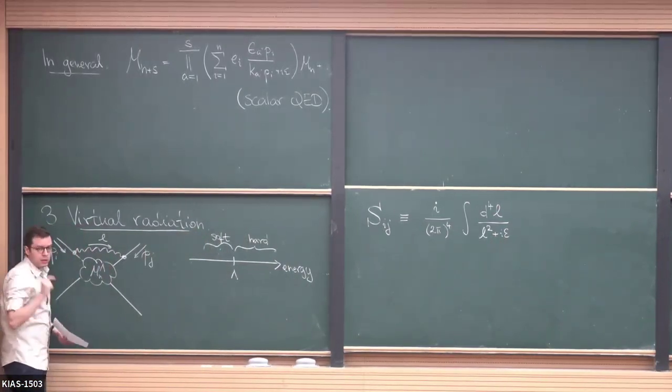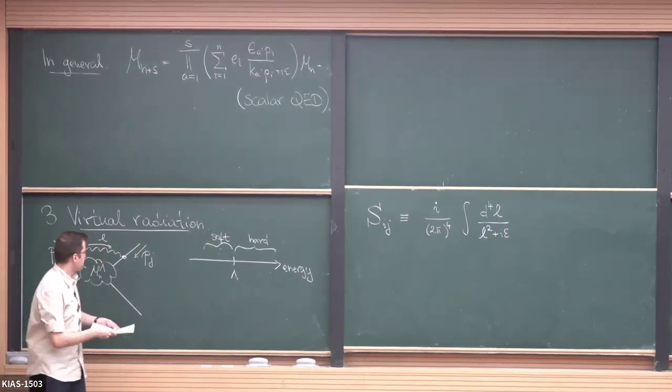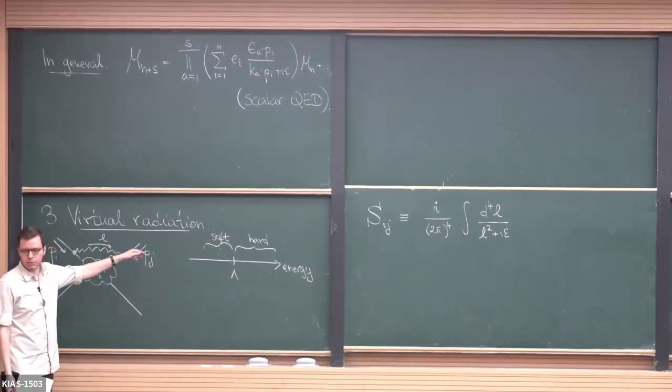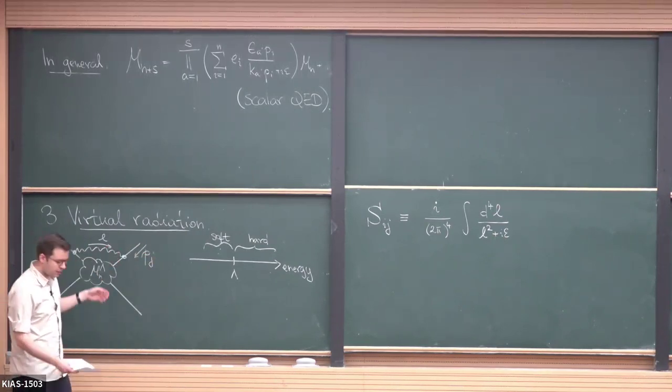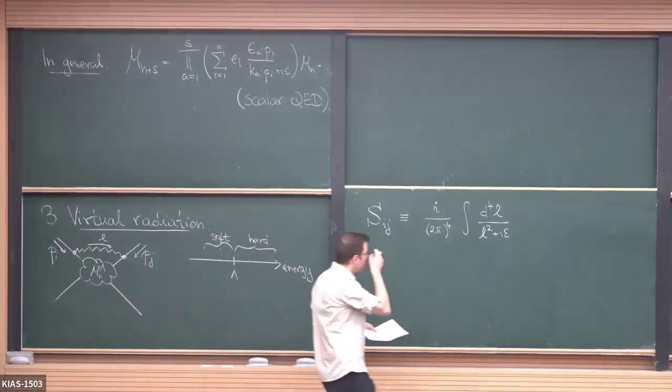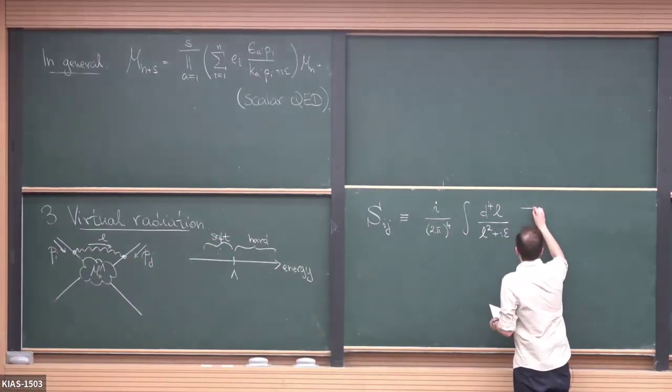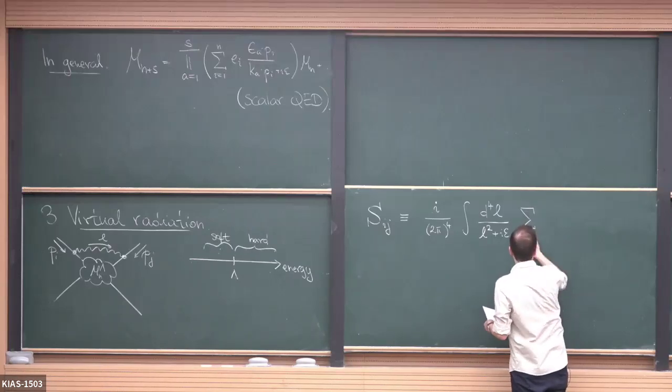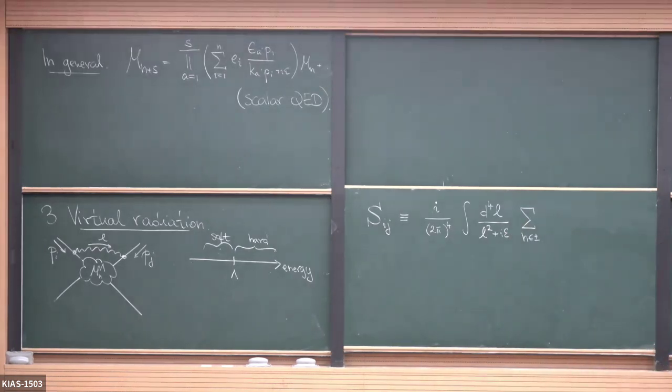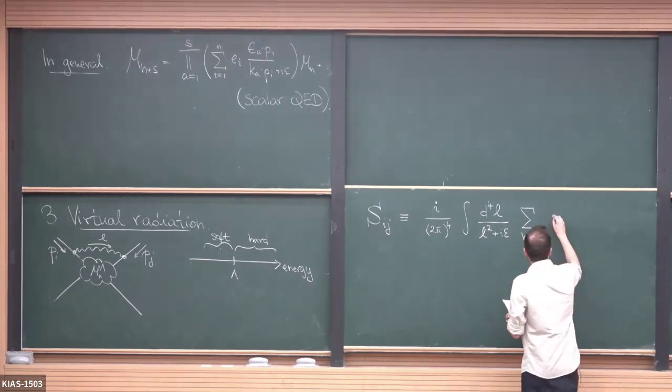Now the work that I have to do is evaluate the contribution from this diagram. But you see, this particle is internal, so in principle I have to sum over all polarization states of this particle. So in the integrand, I have the sum over the helicity states, because it's a massless particle, which could be plus or minus.